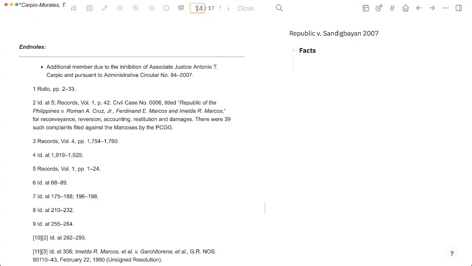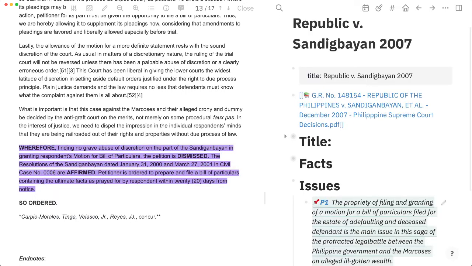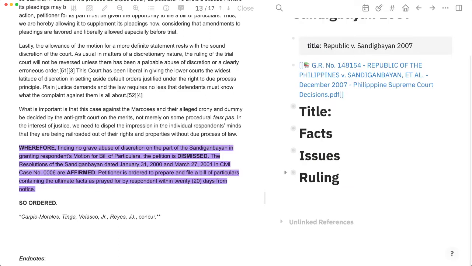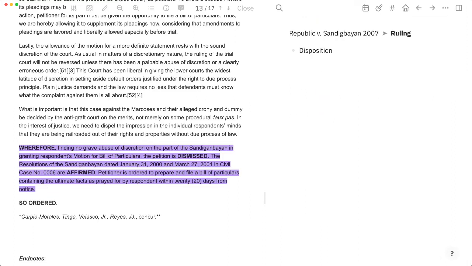Okay, so let's go to this dispositive portion. Copy ko muna to, or highlight pala. And let's go back to my digest, ruling and disposition here. So I'm going to paste that reference. So alam ko na.